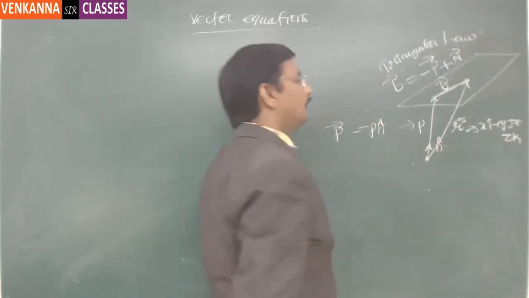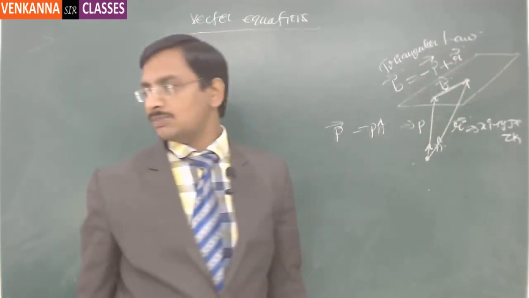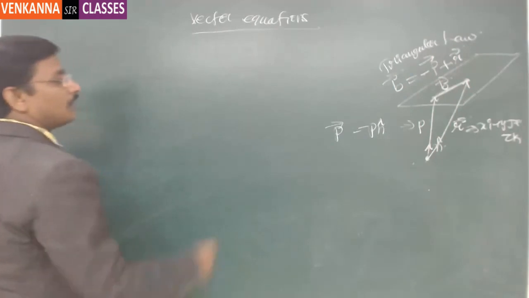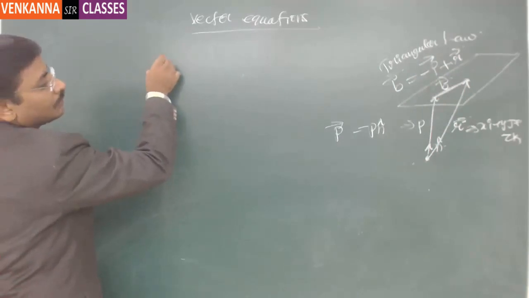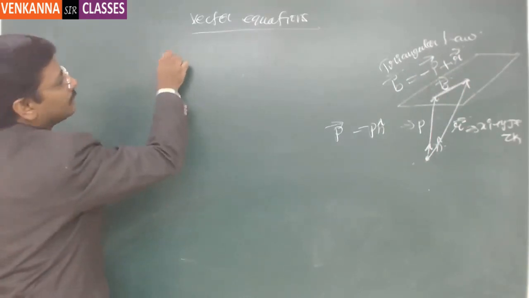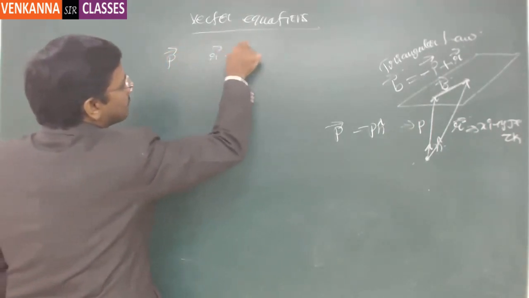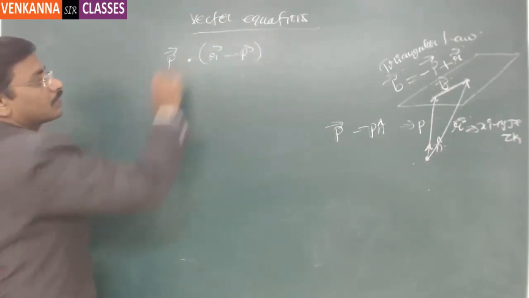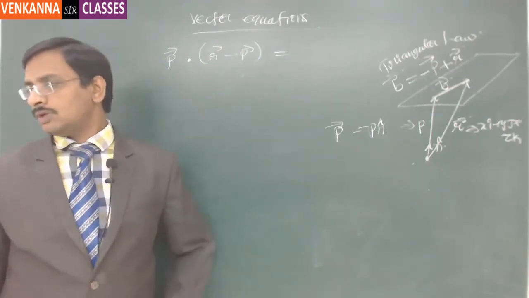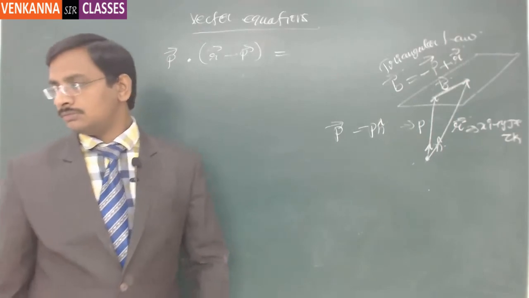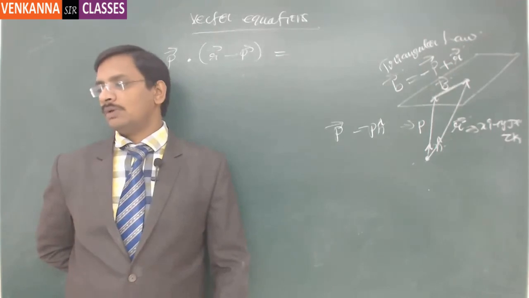Now, what is the dot product of these two vectors, that is, P vector and R minus P vector? What is the dot product of R minus P and P vector? It should be 0, obviously, right?